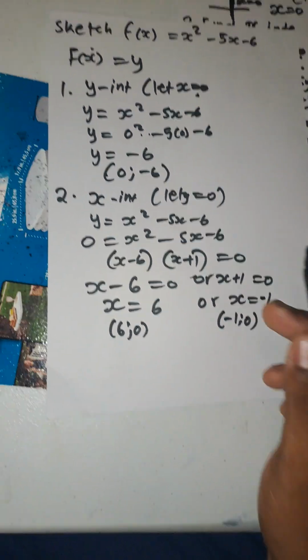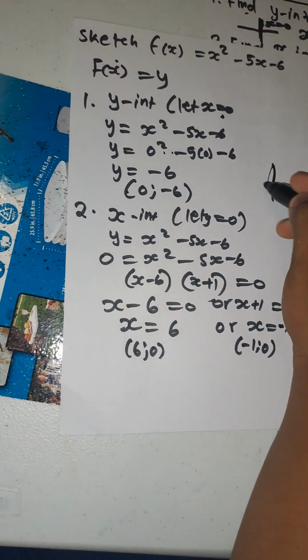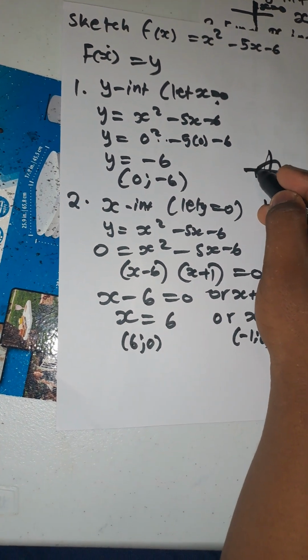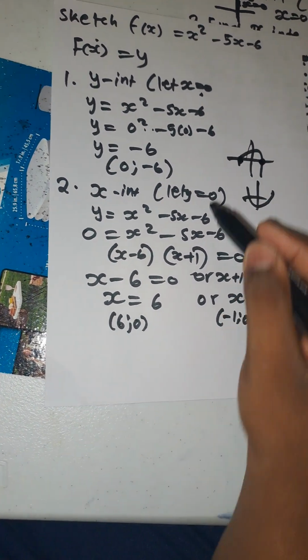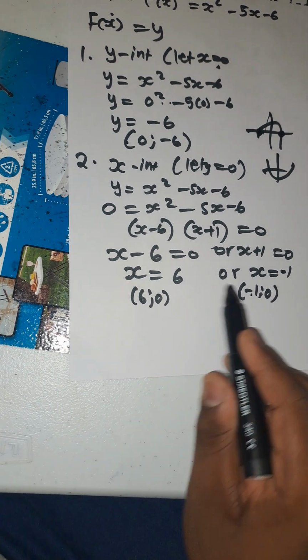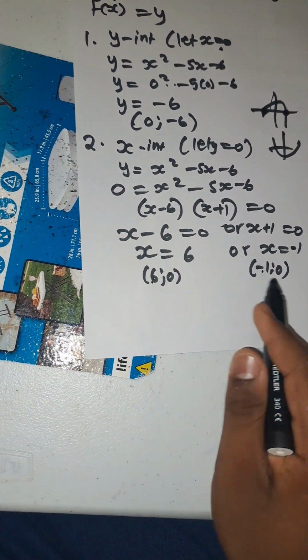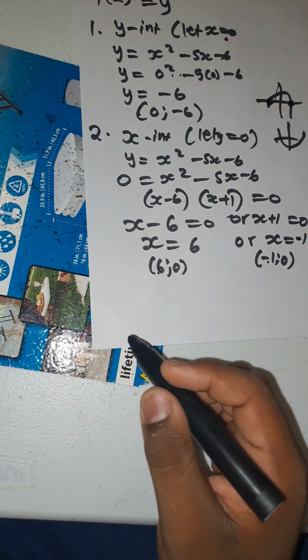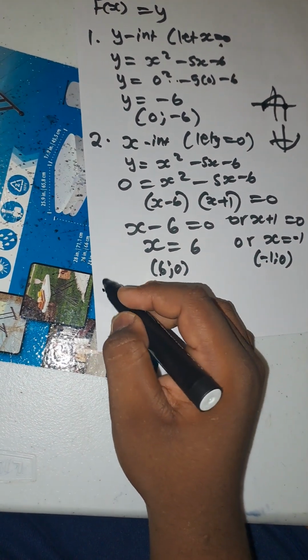You must know whether your parabola is like this or like this. It must cross at two x-intercepts, two x values. That's why we have two x values. They are just showing you the guideline, what to do. Okay, so now number 3, let me do the next one.